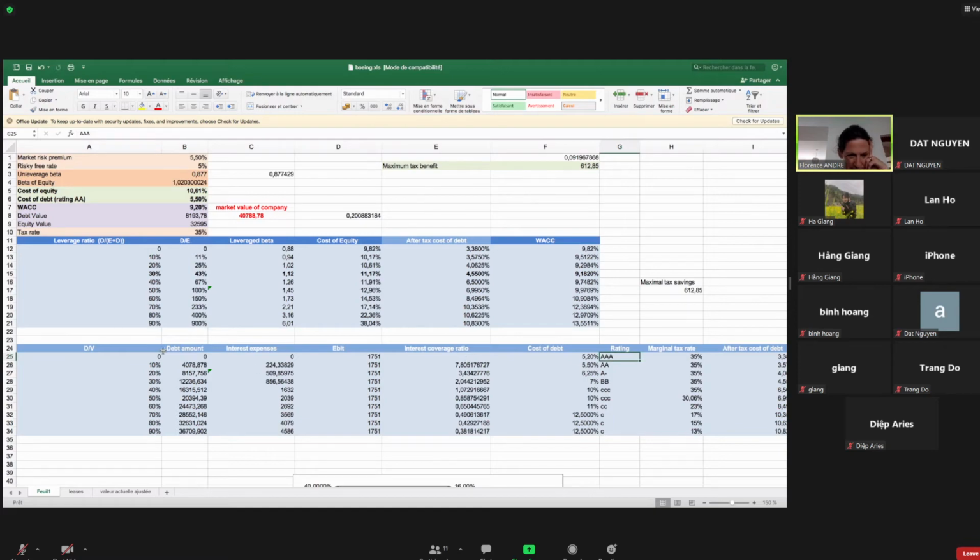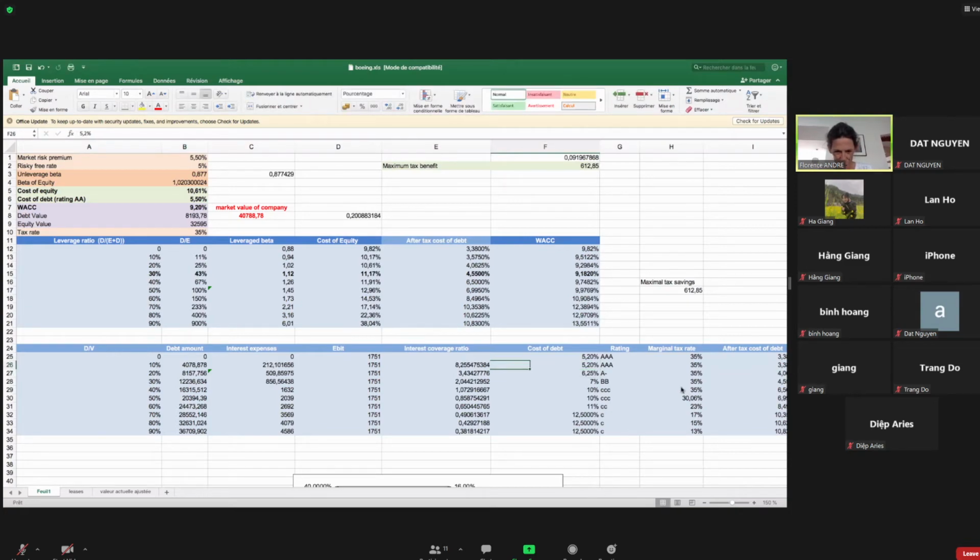So here I create a new column with the debt amount. If we assume a leverage ratio of 10%, we will take the market value of the company that is equal to $40 million, and we will take 10% of it as debt. Then we assume that we have the best rating, AAA. If we are AAA, that means the cost of debt is 5.2.